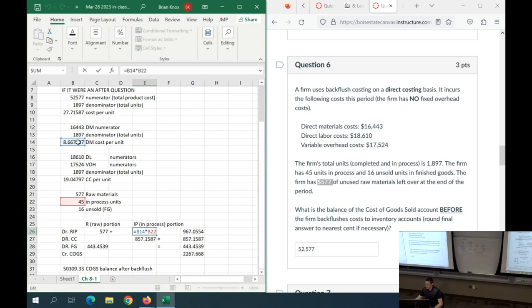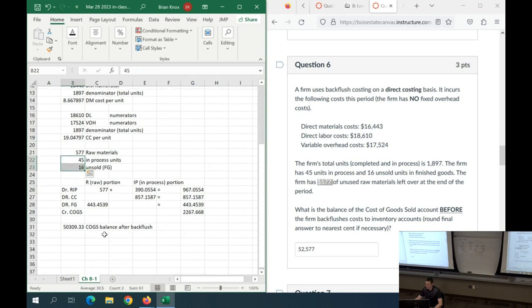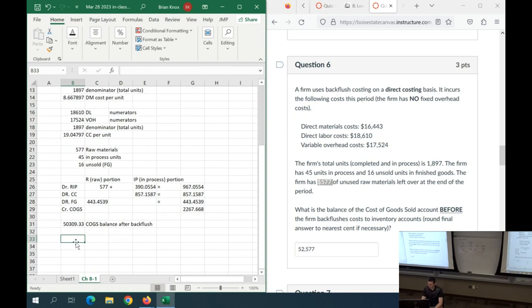I've multiplied the DM rate times 45, and I've multiplied the conversion cost by 45. And then I multiplied them both by 16. So really what I've done is I've taken the cost per unit and multiplied it by these two right here. It'll be the same thing. So let's look at it this way.